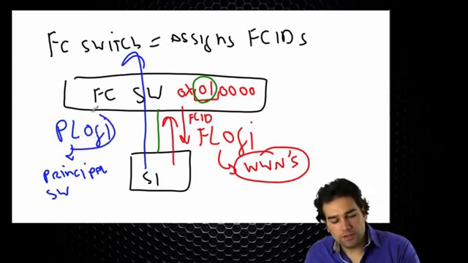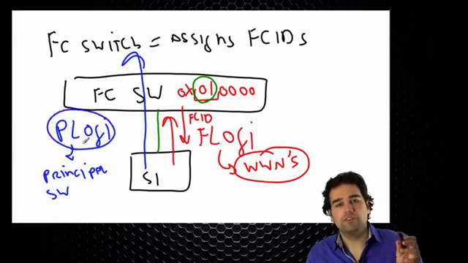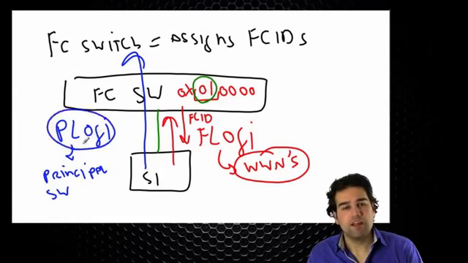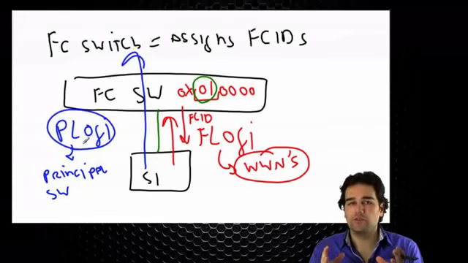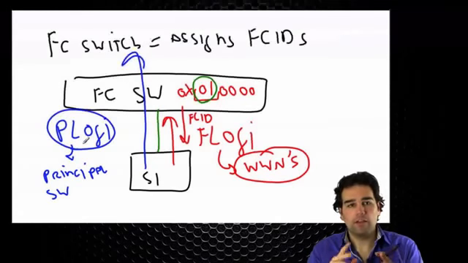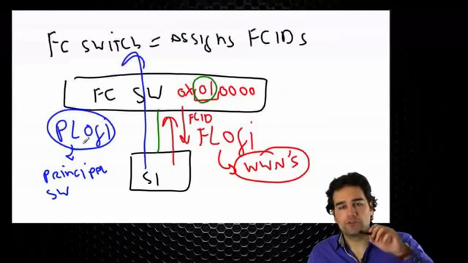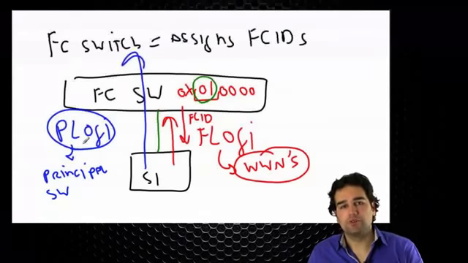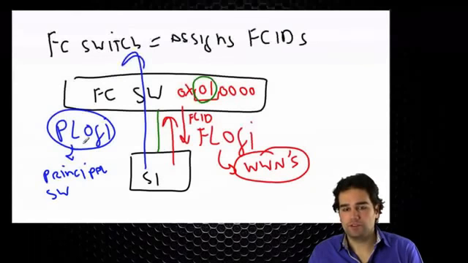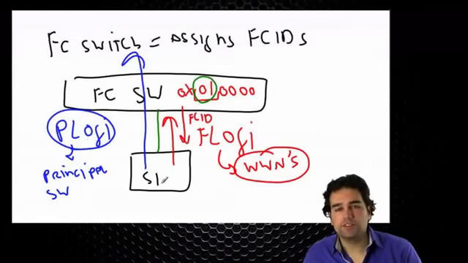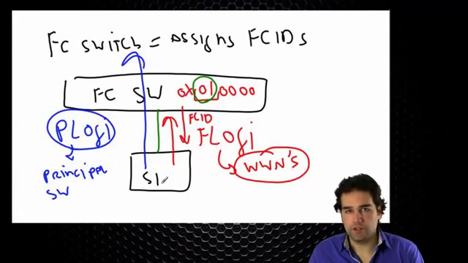And you can compare this to registering with the DNS server. So imagine a Windows PC in an Active Directory network. I log into the PC. As soon as I do that, the PC will register itself with the DNS server, saying, hey, I am this hostname, this is my IP address. That's the same thing that this host will do on the Fibre Channel network.